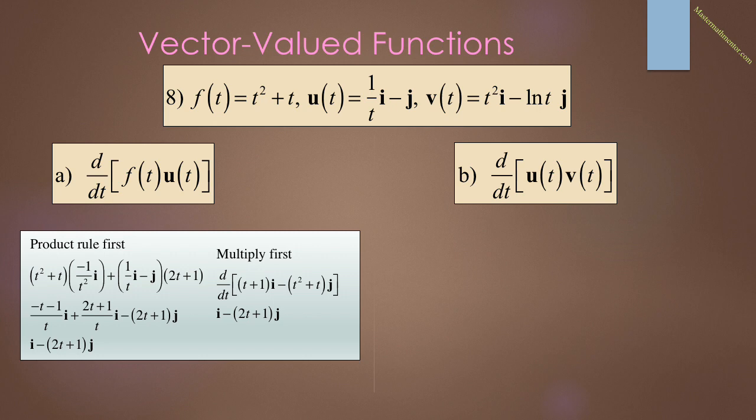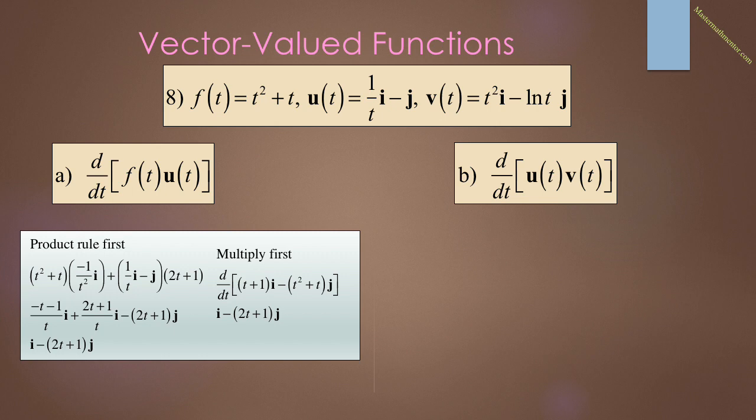We multiply out, and we get -t minus 1 over t i plus 2t plus 1 over t i minus the quantity 2t plus 1 j. Putting the i's together, we get simply a plain old i minus quantity 2t plus 1 j.